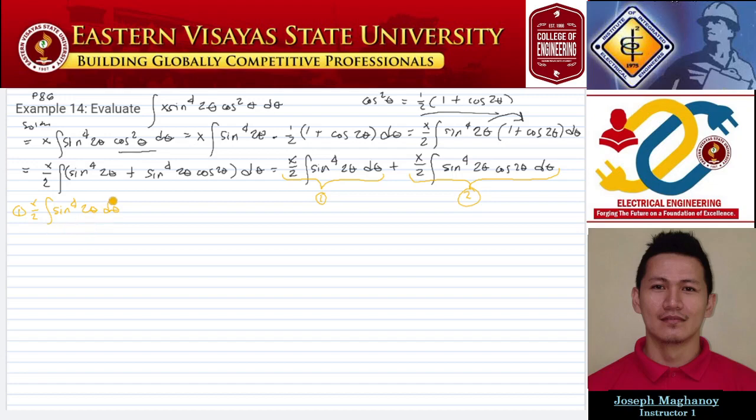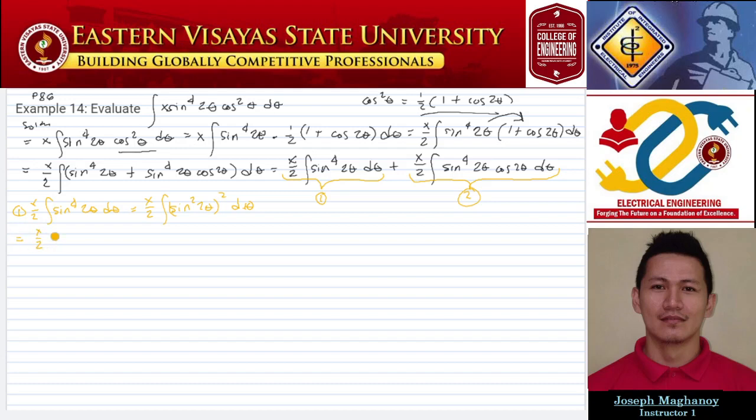Okay, so let's maximize the power. We break it into 2. So x over 2 integral of, since we break it into 2, that is sine squared 2 theta, squared. 2 times 2 is still 4, the same with this, and your d theta. Here we can use, of course, the identities. So we'll use substitution.